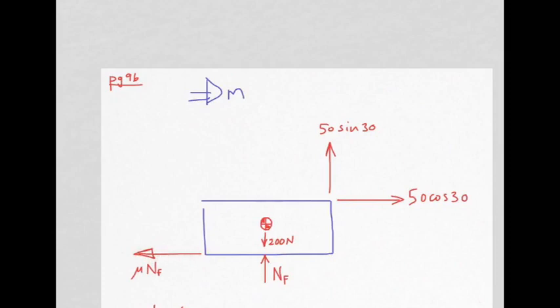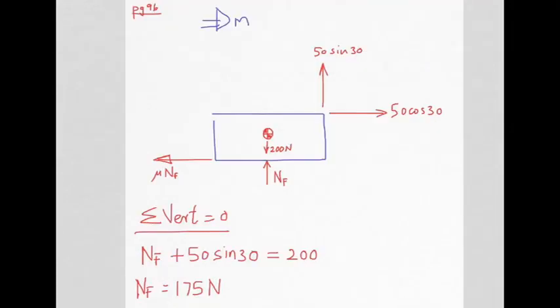So we have 1, 2, 3, 4, 5 forces keeping this block in equilibrium. So if the block is in equilibrium, the sum of the vertical forces must add up to 0, or put another way, forces up are equal to forces down. So let's do it the latter way.